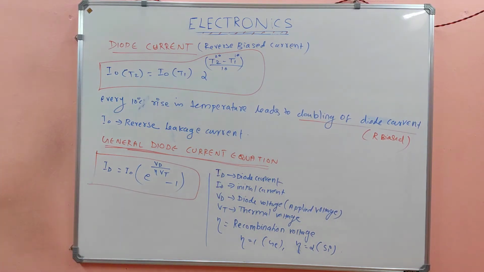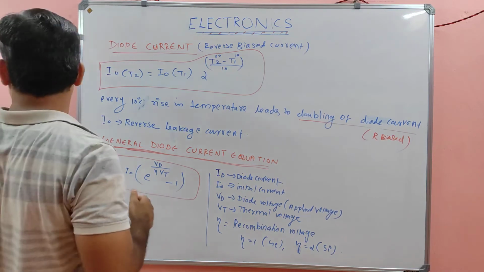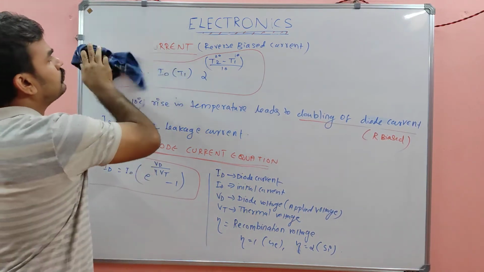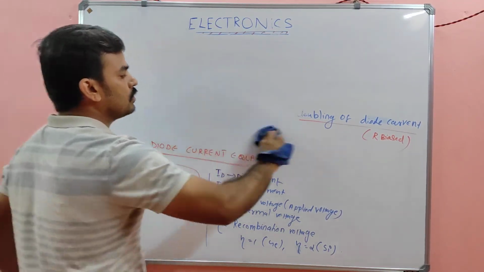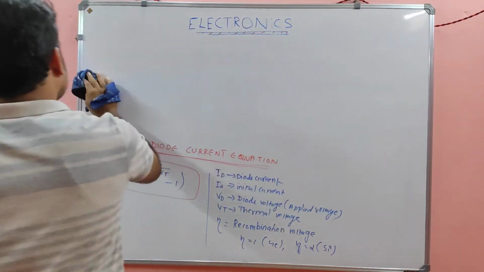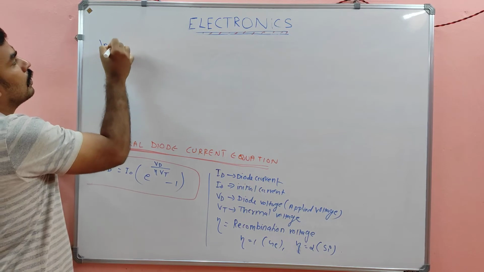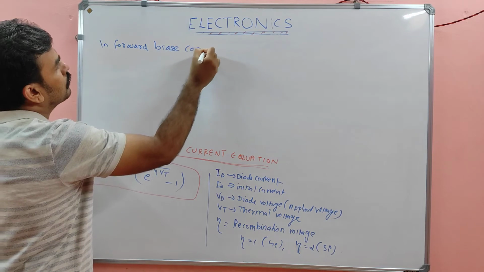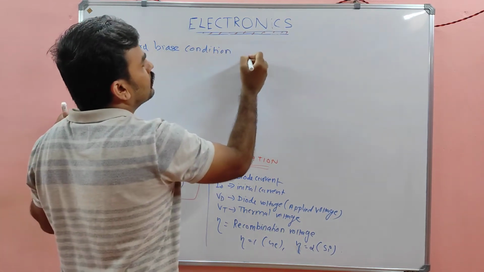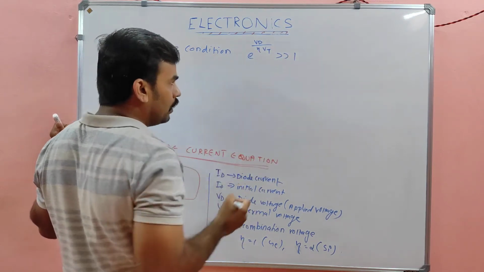So that is the general diode current equation. In the forward biased condition, e raised to Vd divided by eta Vt is much greater than 1.